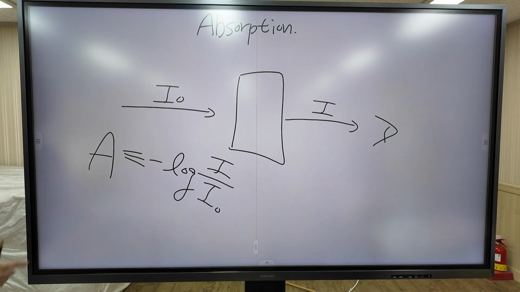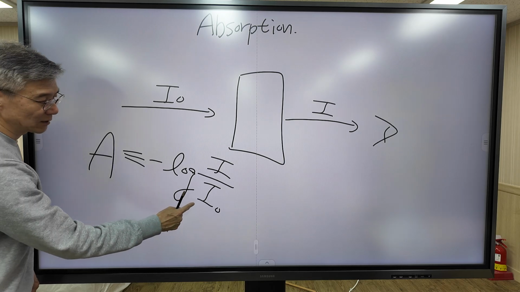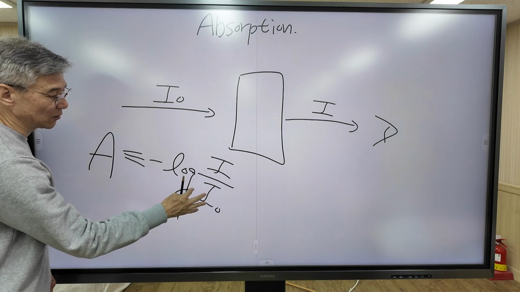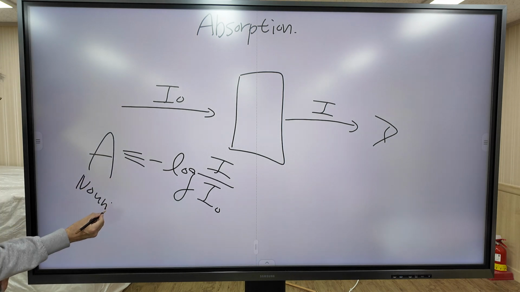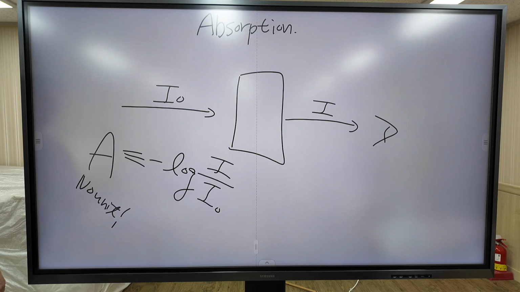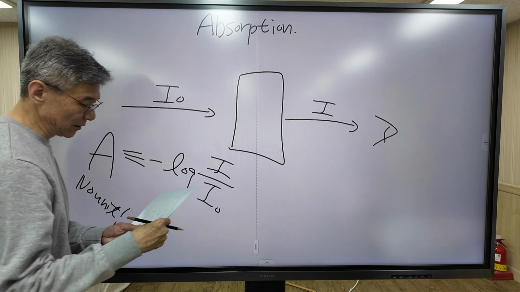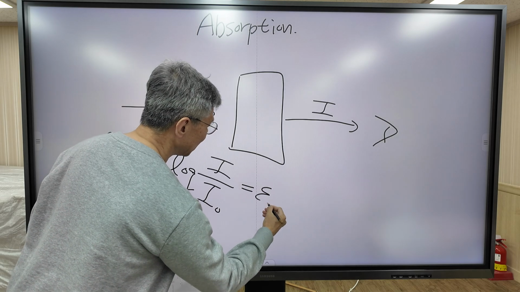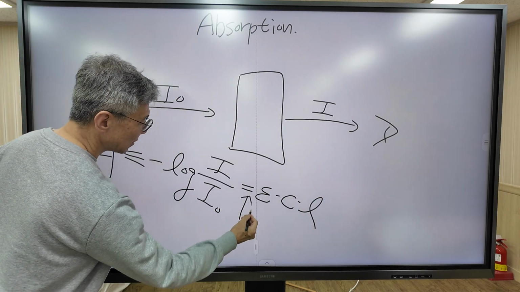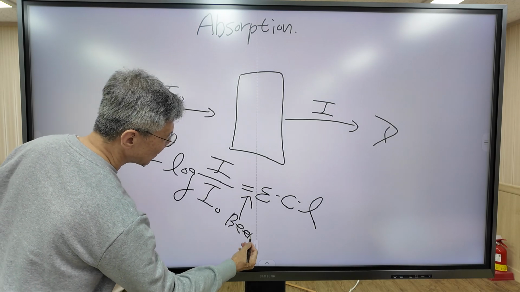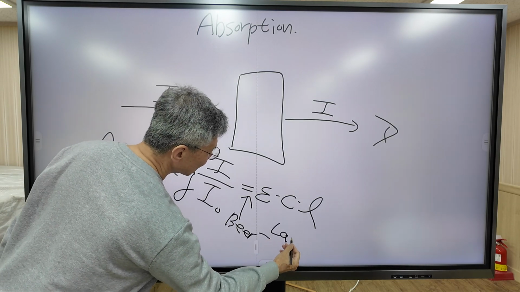Then what is the unit of absorbance? There is no unit in absorbance because it is a definition, so there is no unit. This is the definition of absorbance, and according to Beer-Lambert, this is equal to epsilon C L. This is the Beer-Lambert law.